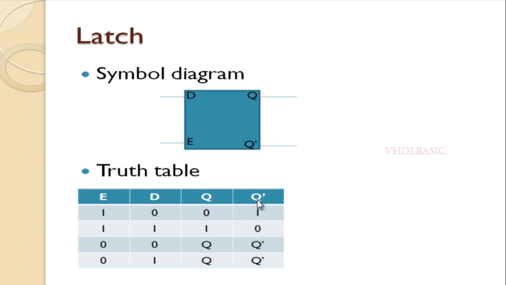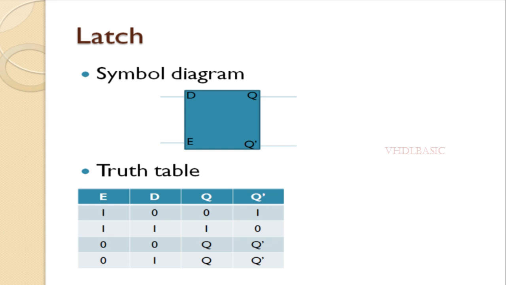Q bar is nothing but not of Q. And if enable is 0, irrespective of the D value, Q will remain in its previous state.